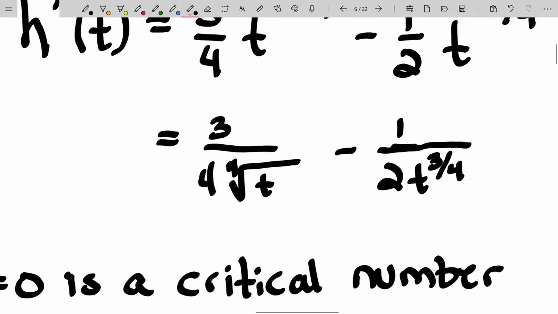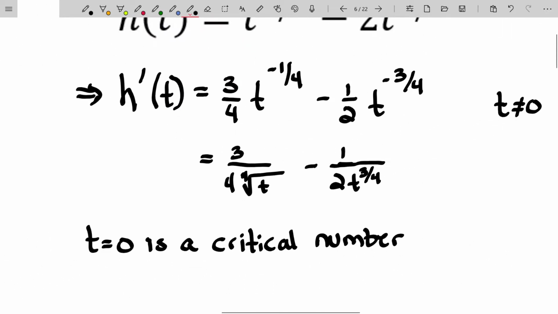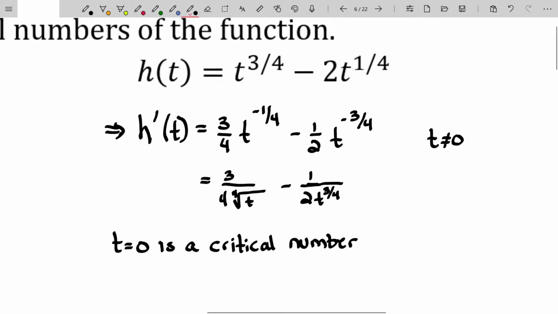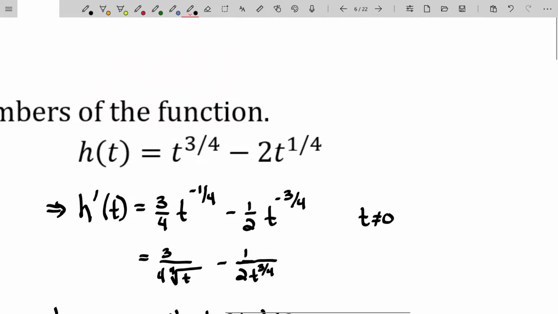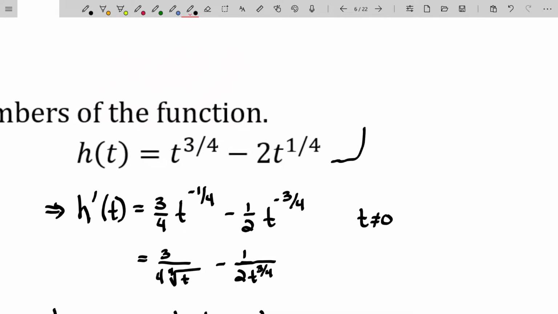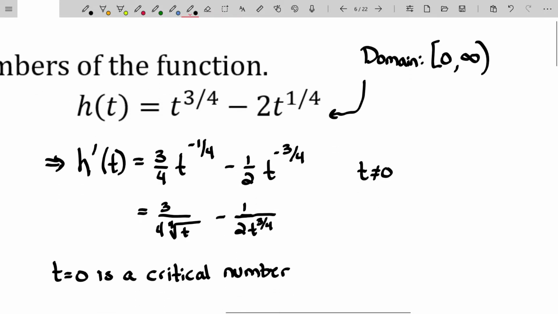Otherwise, you're taking the 4th root of a negative number. But that turns out to be the domain restriction from the get-go. T's domain is 0 to infinity. So really, I'm only considering input values starting at 0 and going to infinity. So I'm not really concerned about negative numbers here. All right, so that's just a little heads up about that.